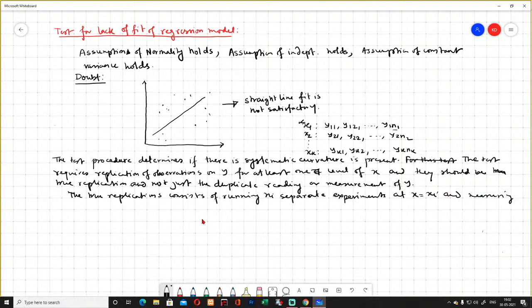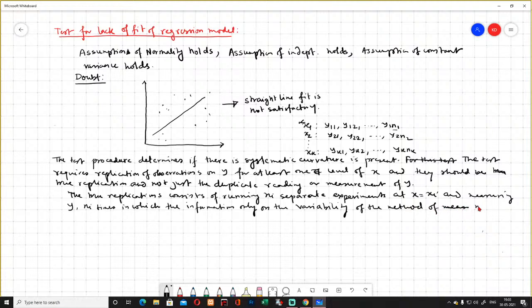measuring y ni times, in which the information only on the variability of the method of measuring y is obtained.